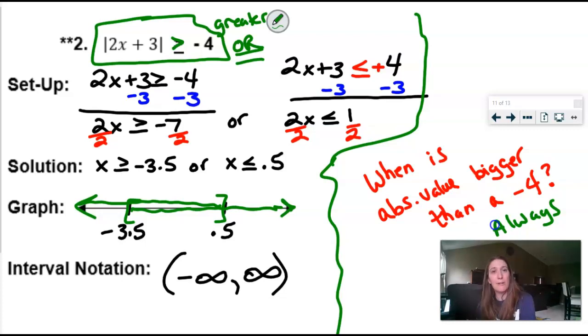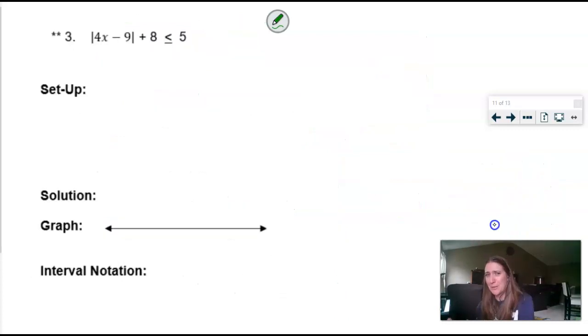So if you have what are called a special case, or basically a trick question, like the next one, you are welcome to stop and think. And there are some like this on your homework. Now, big problem here. We are not isolated yet. Your absolute value bar stuff has to be isolated. So we're going to have to do that.